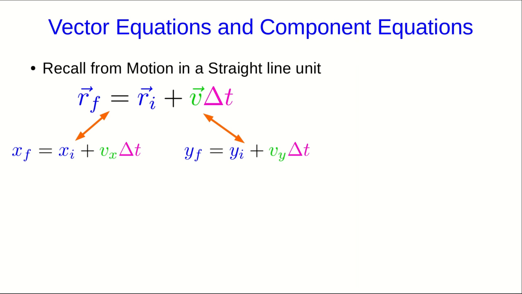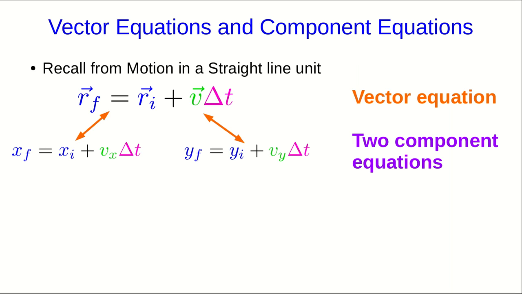Remember, in the motion in a straight line unit, we had these equations for motion with constant velocity. And in particular, at the time, I pointed out that we can write them as a single vector equation or as a pair of component equations.